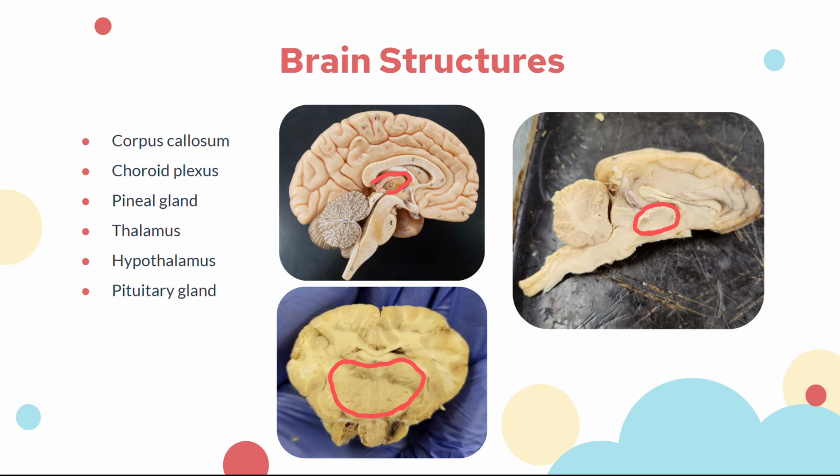Then our hypothalamus would be right underneath it. So the hypothalamus would be this section right here on the human model, and on the sheep for sagittal it would be right here. On the coronal section you can't see the hypothalamus, so you wouldn't look for it there.